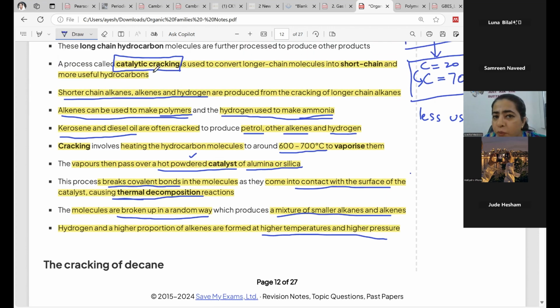This is a specific word for only alkanes. So thermal decomposition is a general term we can use for many reactions that break with heat, and catalytic cracking is one example of a thermal decomposition reaction. It is specific to alkane.